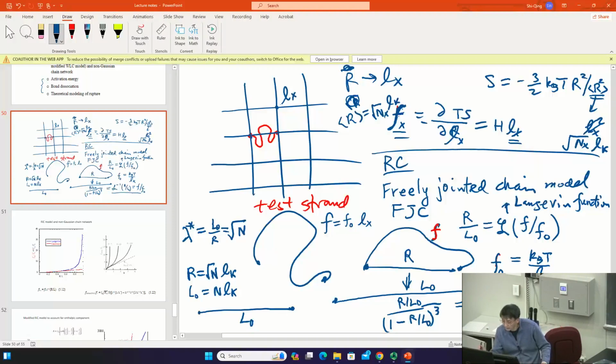Basically, let me erase it. So basically, f for a Gaussian chain is nothing but some kind of constant times r.